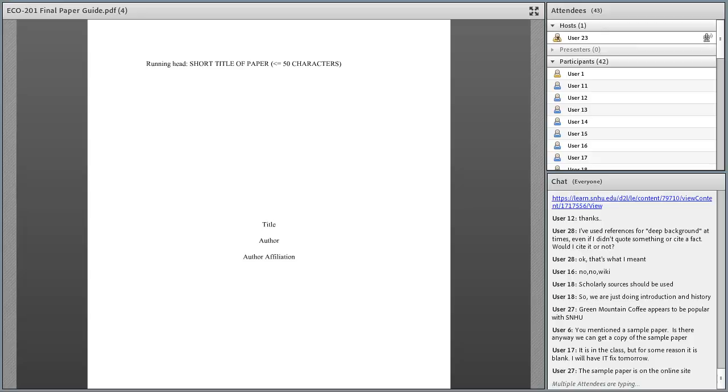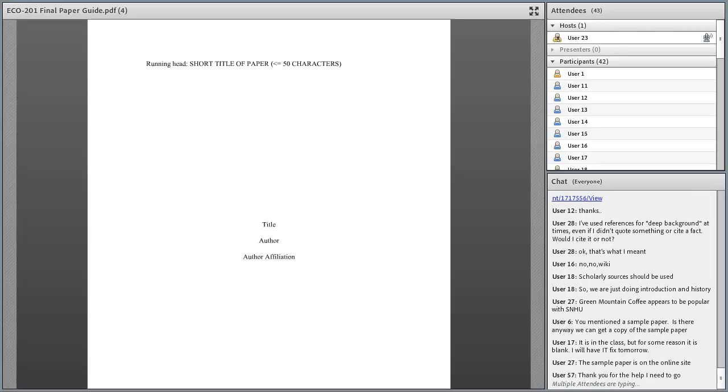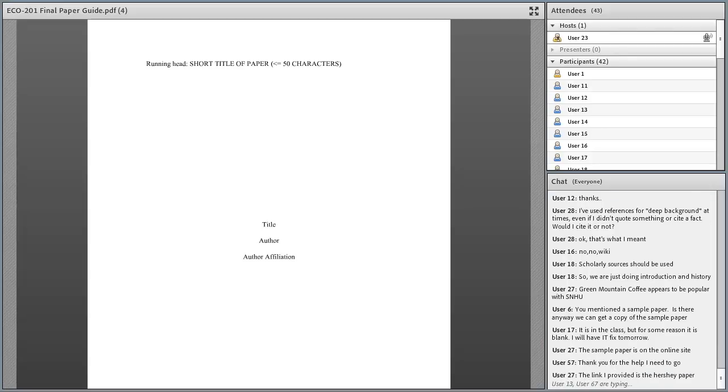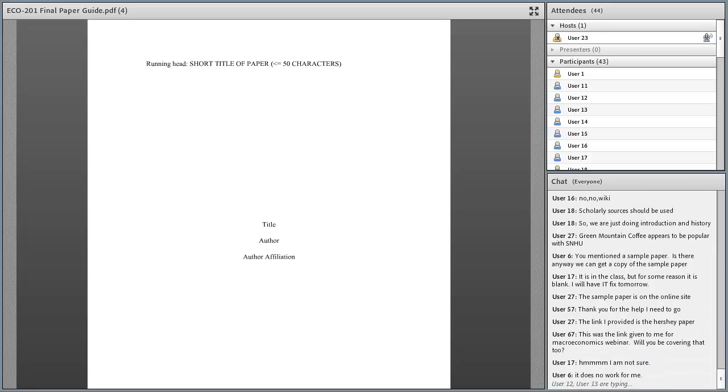No, I'm talking about the sample paper, like the Hershey one, the paper that provides a sample of what another student wrote. There are two papers. There's one that's a sample of the APA formatting, and then there's one that is actually a sample of research from another student. But yeah, the link is the Hershey paper.